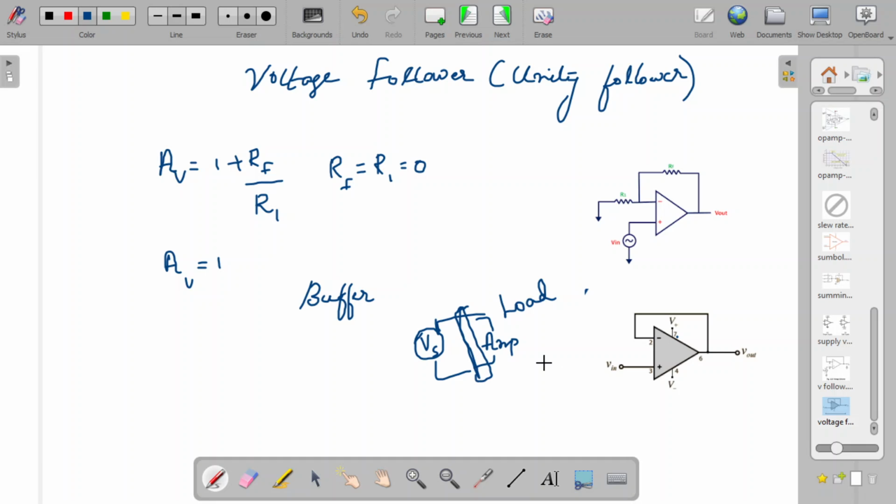This is a source, and if you connect that source to a unity gain buffer, or a voltage follower, and this is connected to a load, then because of the voltage follower's peculiarity, whatever is there in the source will be given directly to the load, because whatever you give at the input you will get at the output also. So that will not hamper the source voltage. But now you know that this is an op amp, right?